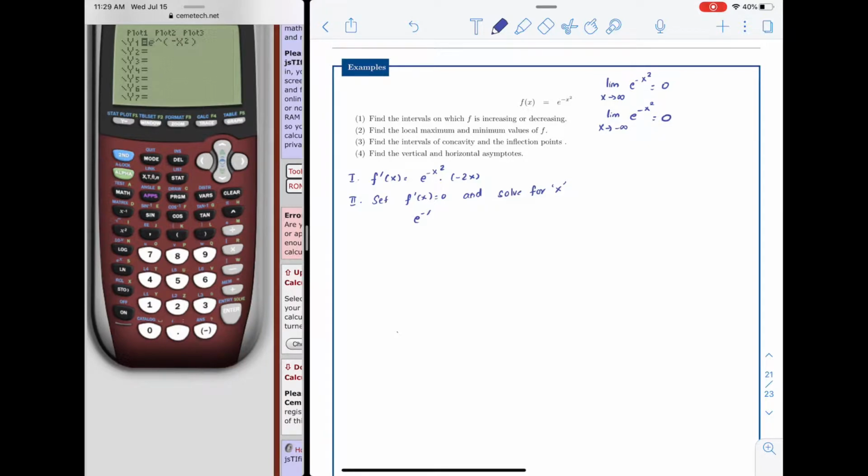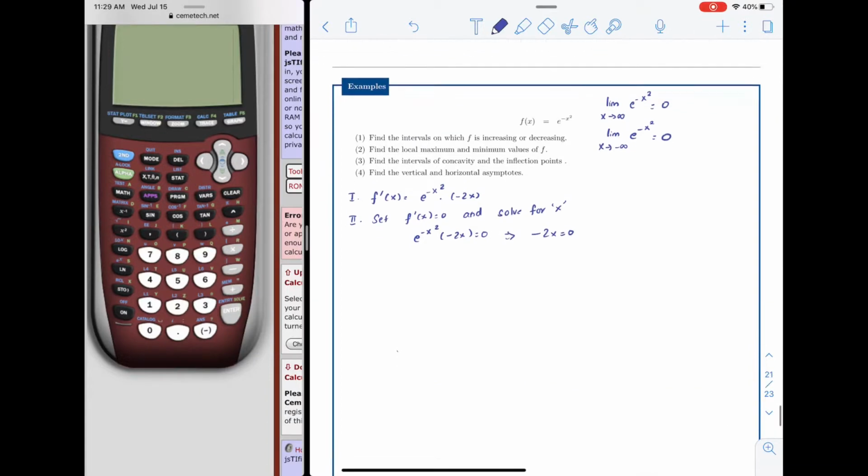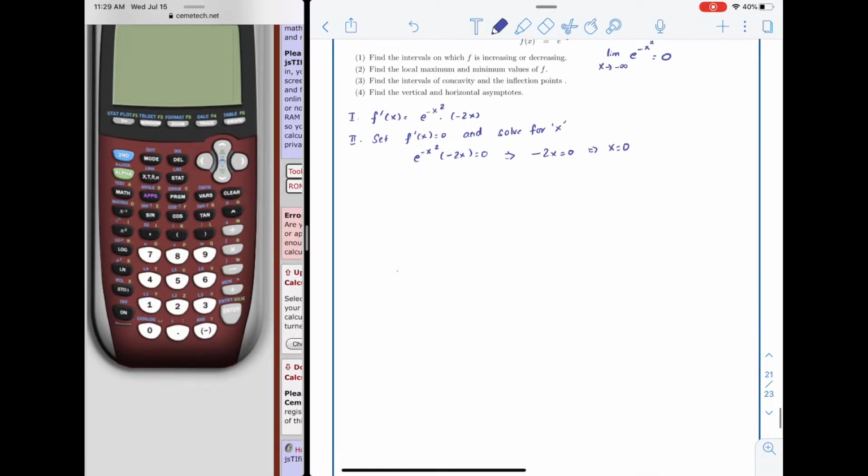So e raised minus x squared times minus 2x would equal 0. E raised negative x squared does not become 0 except in limit, so this would mean negative 2x is equal to 0, which would imply x is equal to 0. That is my critical value.